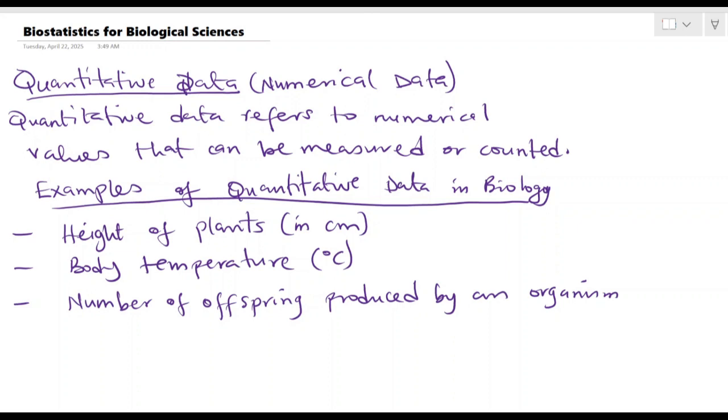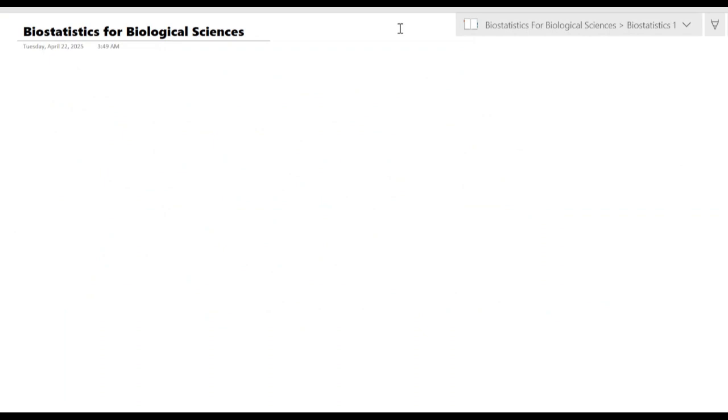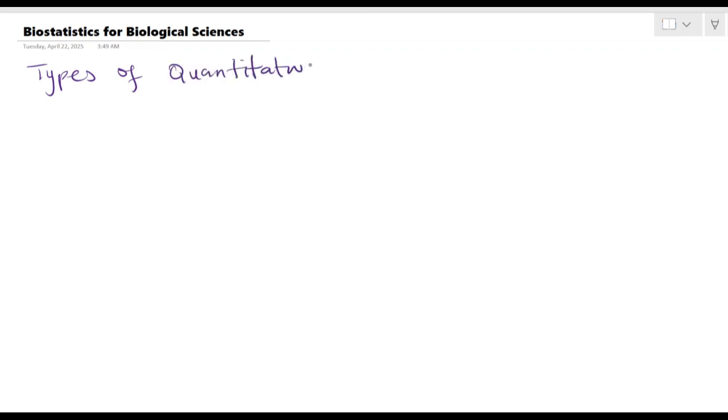Next slide. In this next slide, we'll be looking at the types of quantitative data. The types of quantitative data include discrete data and continuous data.